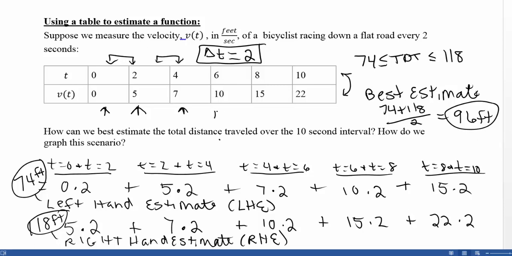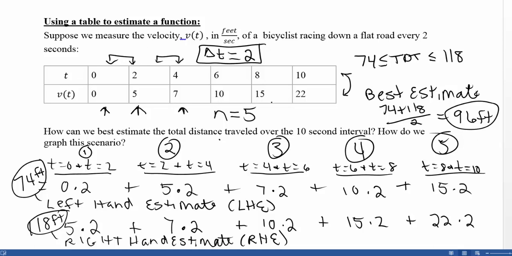The other important variable here that we're going to start talking about is n. N is the number of estimates that I'm making. So here, I had 1, 2, 3, 4, 5. So here my n equals 5 because I used 5 distinct time intervals to approximate what was happening.